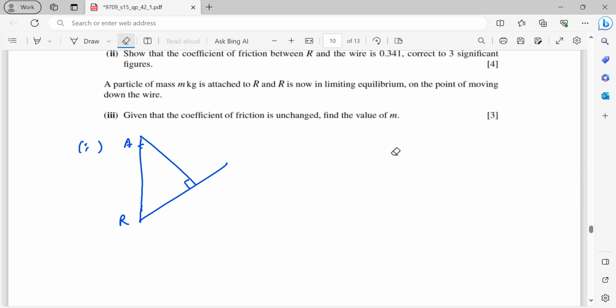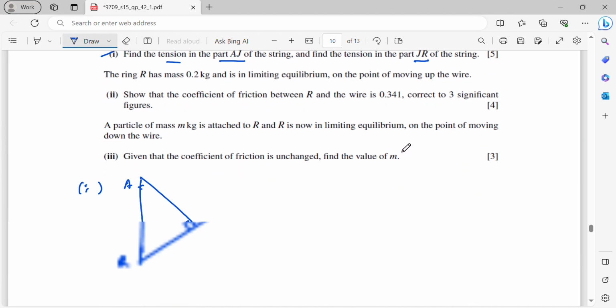Right, AJ is shorter, RJ is longer. Okay, so this is a J. So this is a J. Alright, so this is my A. Now, I will label this as TA, tension of the AJ, and then this is a tension of JR, so TR.